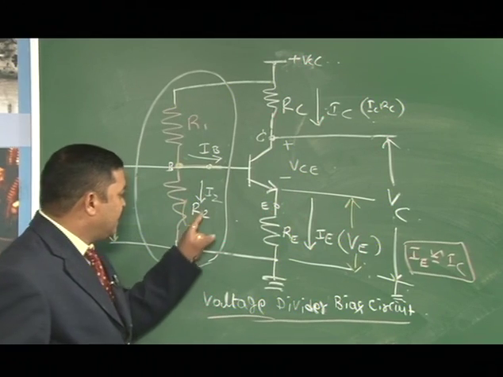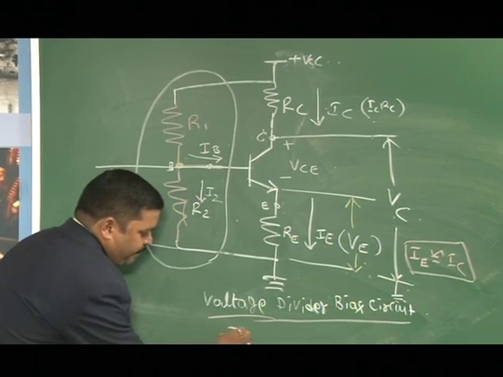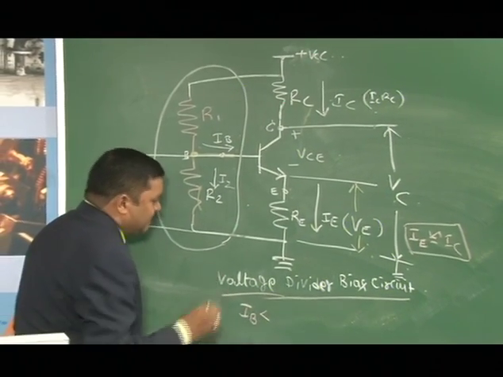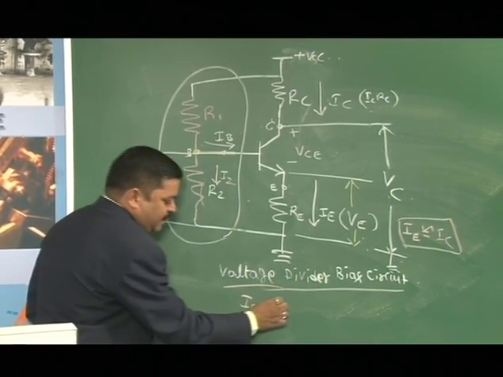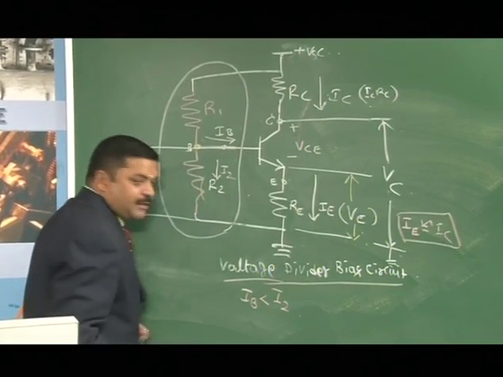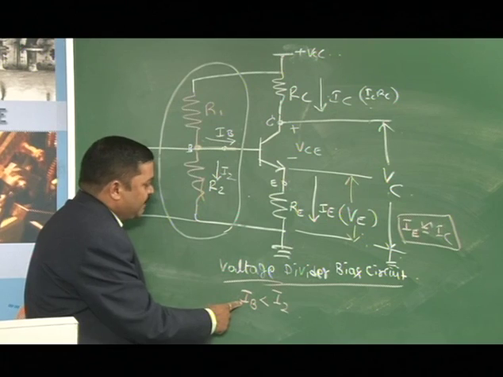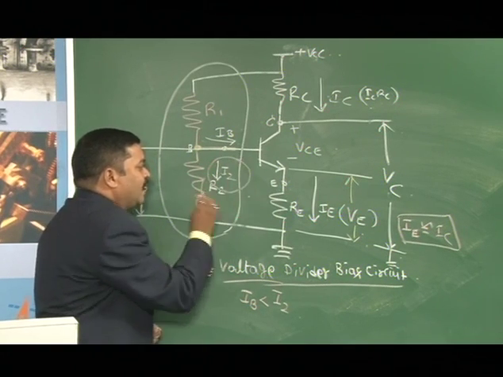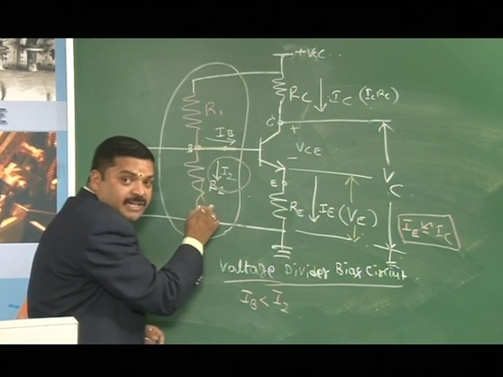That is one point. The other point is the base current IB, if it is less than the voltage divider network current I2, I repeat this, the base current IB is less than the voltage divider network current.